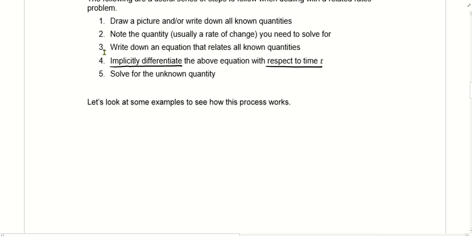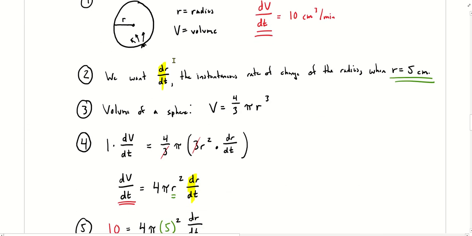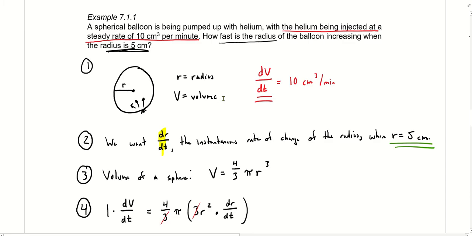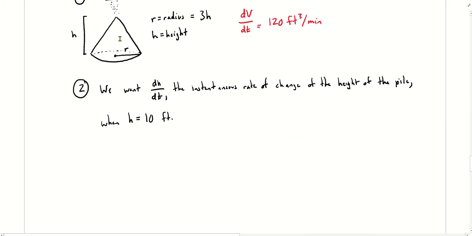And step 3, we want to write down an equation that relates all of these quantities. So here we had a sphere. We had information about the volume and the radius of the sphere. Here we have a cone. We have information about its height and its radius and some information about its volume.